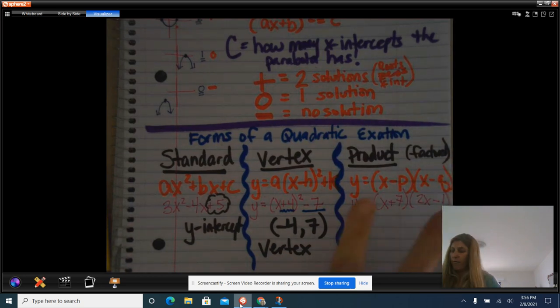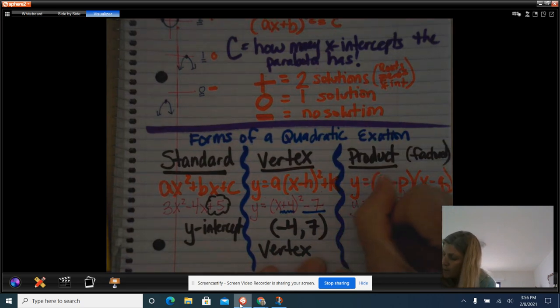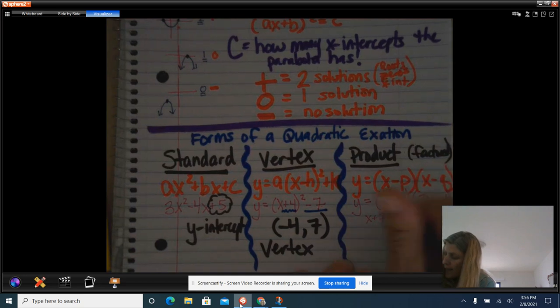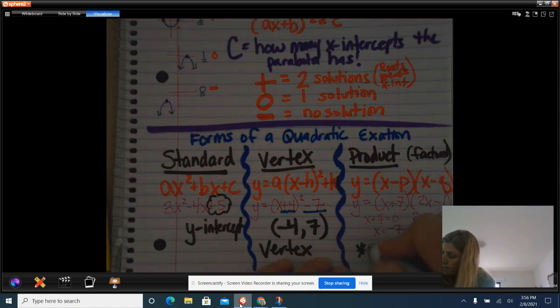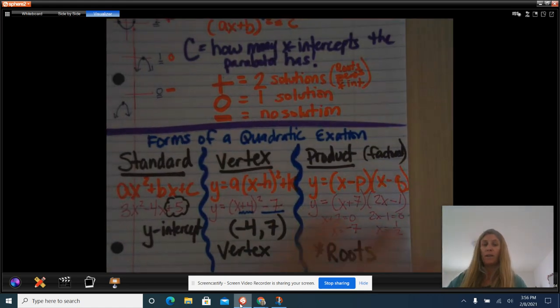And we know that from this, we simply set each of them equal to 0, and we easily find the roots. So depending on the type of situation that we're given, we can find some information without doing a lot of math.